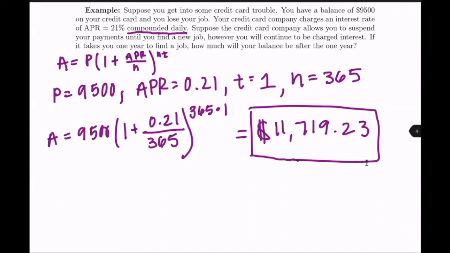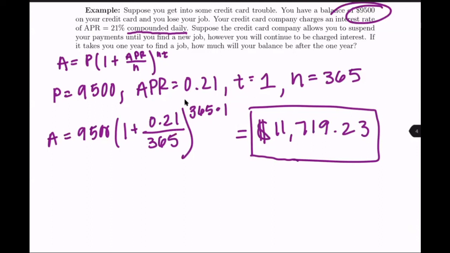So the interest that you are gaining in 1 year is around 2,200 because you only owed that 9,500 and now you owe 11,000. So to go from 9,000 to 11,000, that's a large increase. So that is how to find out if you defer a loan or a credit card, how much you'll end up owing after that defer has ended.